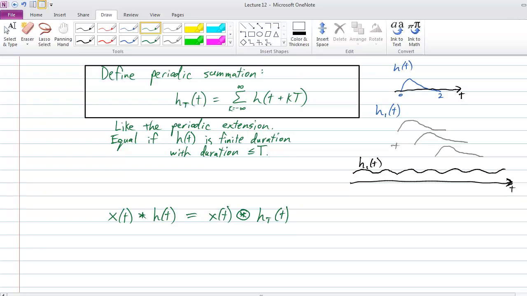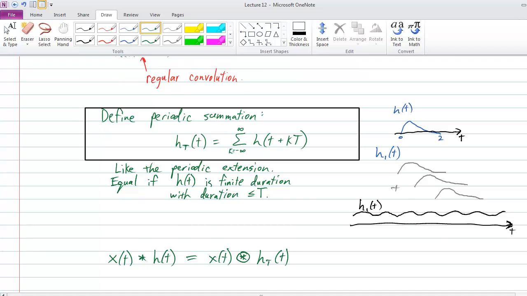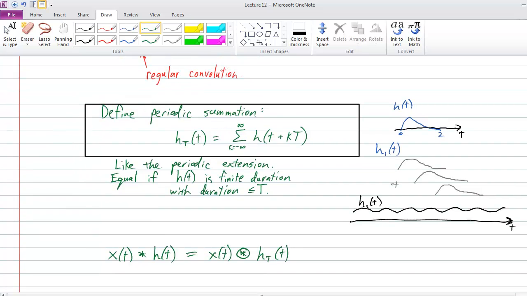Let me give the last interpretation. So this is one interpretation of what a periodic convolution is. It's a regular convolution of one of the periodic signals with one period of the other signal.